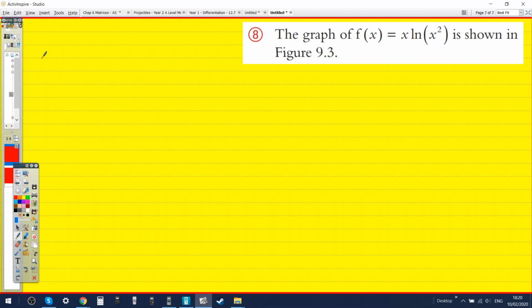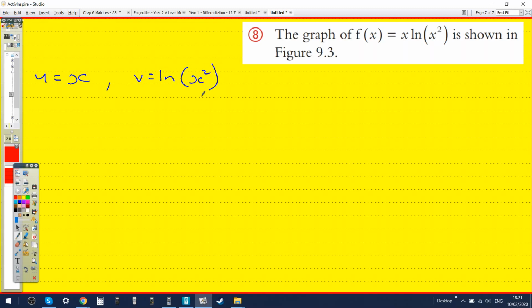Probably x squared because it's in the bracket. Is it chain rule or product rule? This one's product rule. It's not ln times x squared, it's the ln of x squared. So u is x in this case, and v is ln x squared.